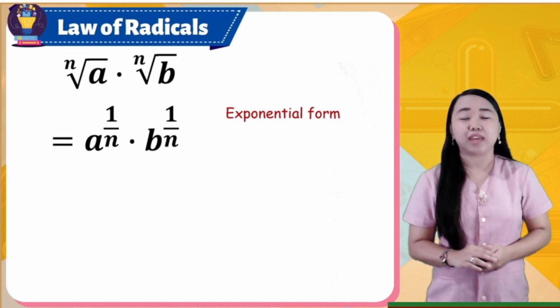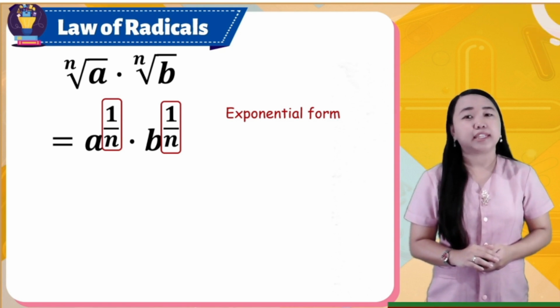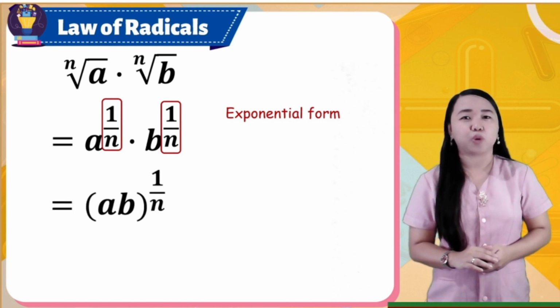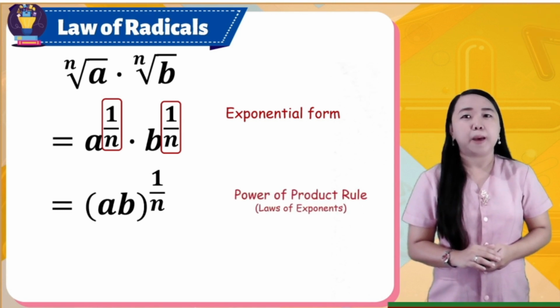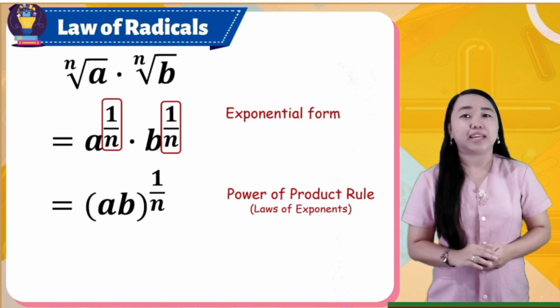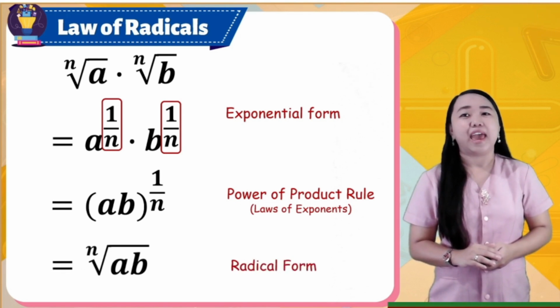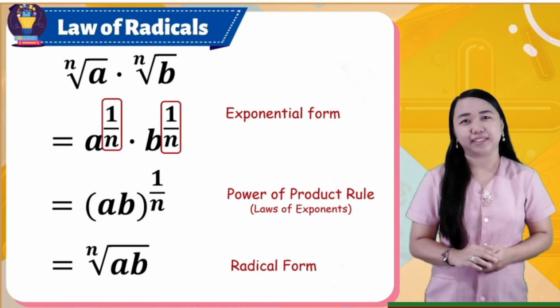We can see that the powers are equal. Thus, it can be written as the quantity ab raised to 1 over n by the power of a product rule in laws of exponents, that has the equivalent radical form of nth root of ab.